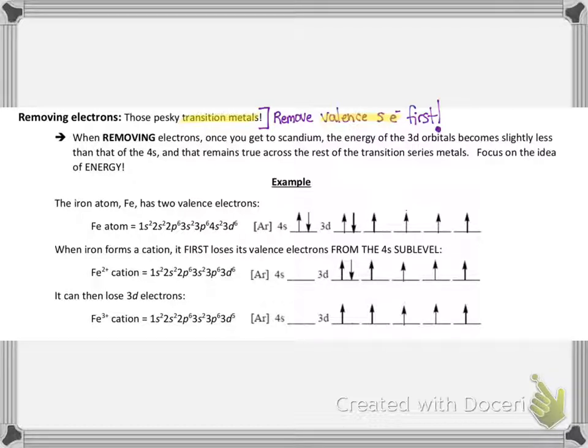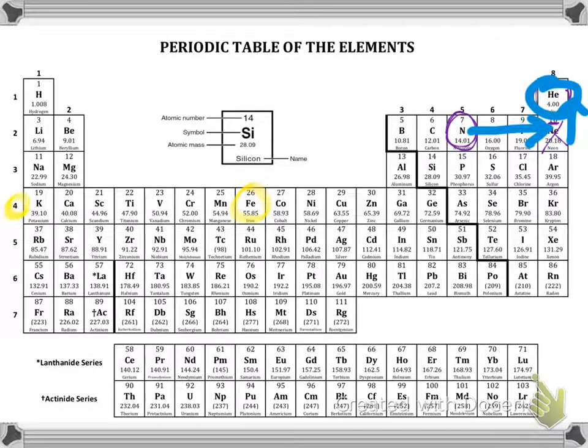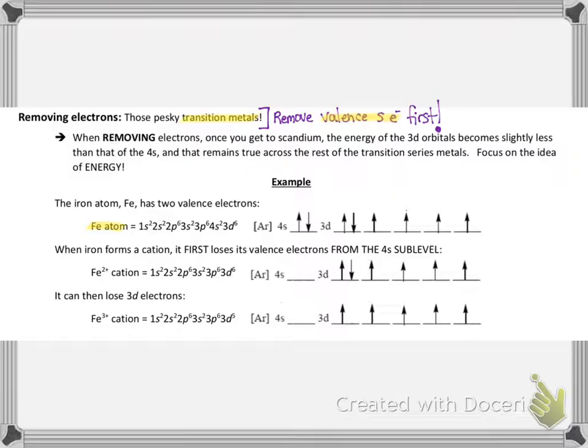So notice, neutral iron. We find iron on the periodic table. Well, it goes all the way up to the 4th row, so it fills in 4s, and then it's got 6 3d electrons. So you can actually do a noble gas orbital diagram. Notice I'm just abbreviating all the earlier filled rows with argon, and then I'm just looking at 4s and 3d. Well, that's great. I've got my 4s2 and my 3d6.